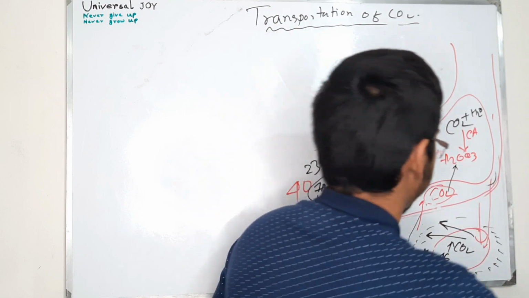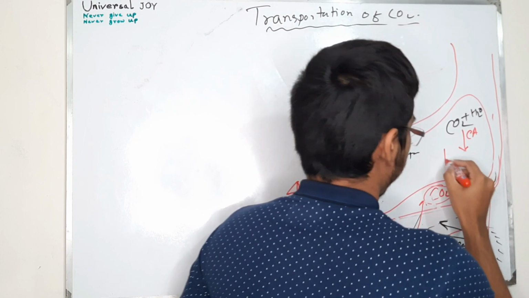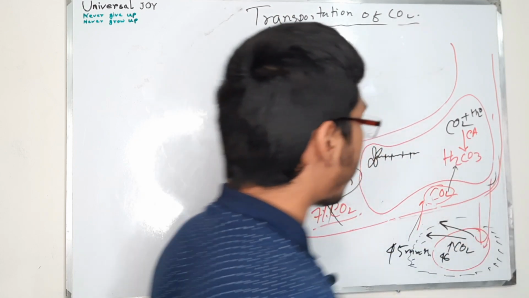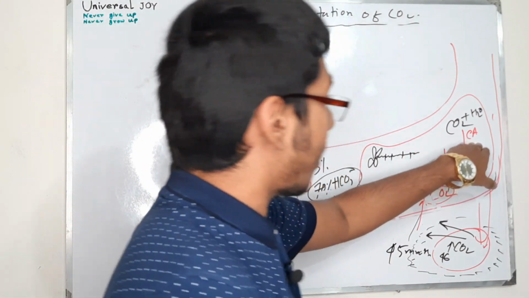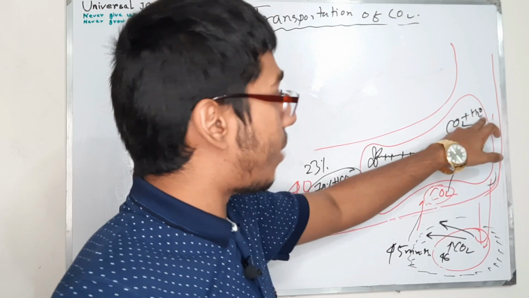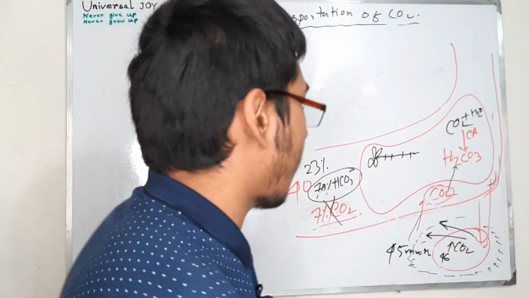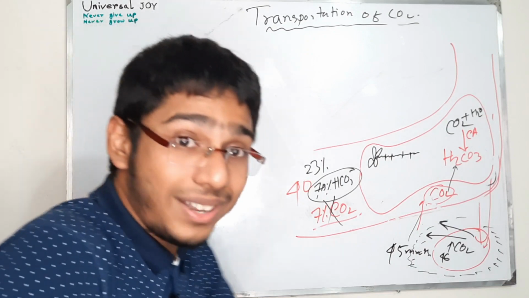Oh, this has become very dirty, so I should be writing it in a neat manner. Let's just suppose there is the production of H2CO3 or carbonic acid in the presence of carbonic anhydrase enzyme because of the combination of CO2 and locally found H2O. Now as soon as there is the production of H2CO3, it is not yet stable.